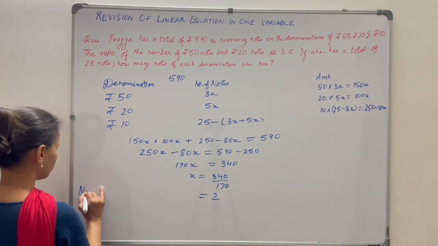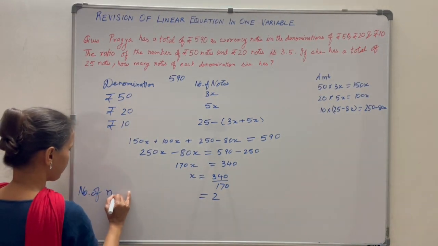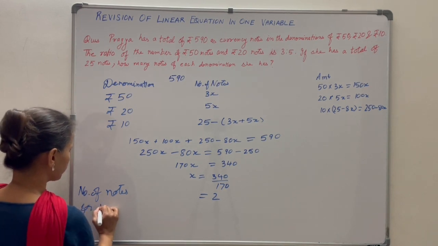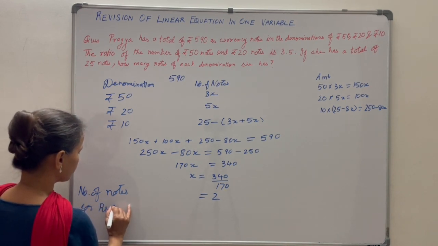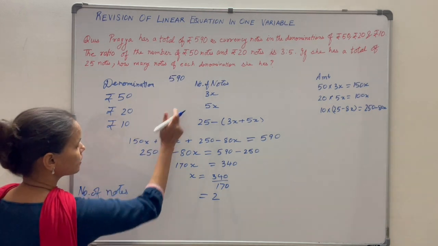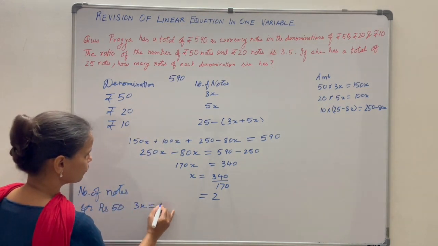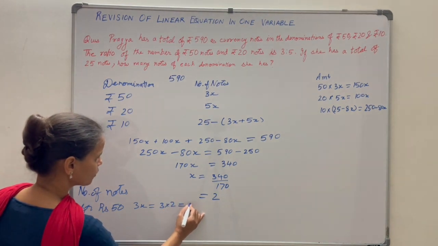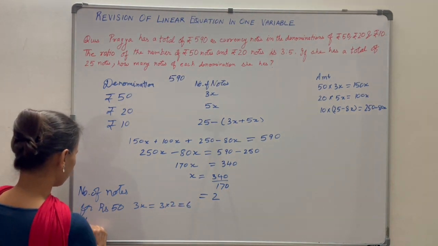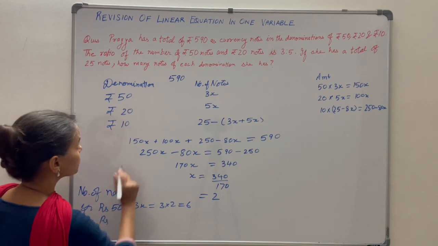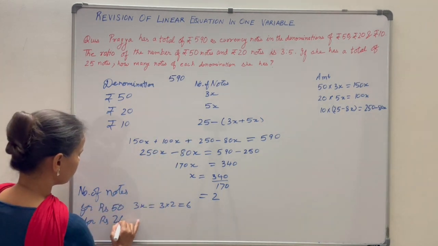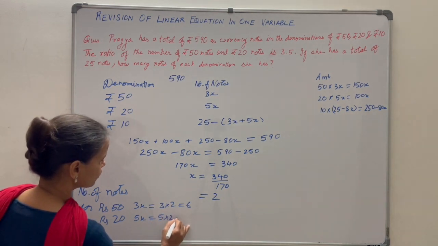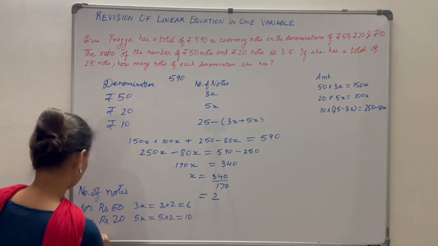So the number of notes for rupees 50 is 3x. The value of x is 2, so 3 into 2 is 6. For rupees 20, it is 5x, that is 5 into 2, which is 10.